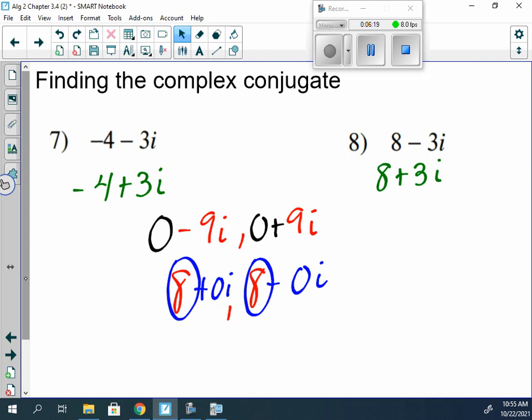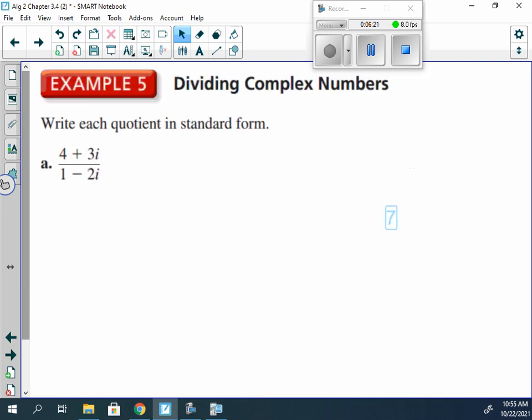You ready for what's next? Division. Now, we can't leave imaginary terms in the denominator. So we have to simplify it so that we don't have i in the bottom of the fraction. And this is where our complex conjugates come in.